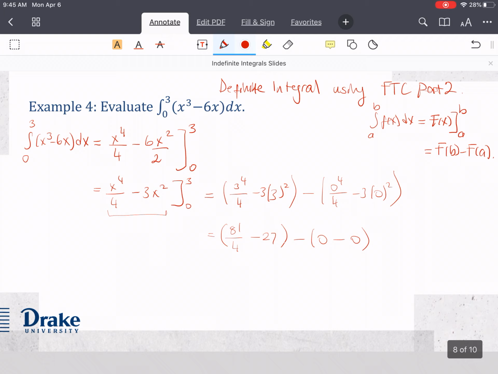So we get 81 over 4 minus 27. If you calculate this, you get negative 6.75. The result of this definite integral then is negative 6.75.